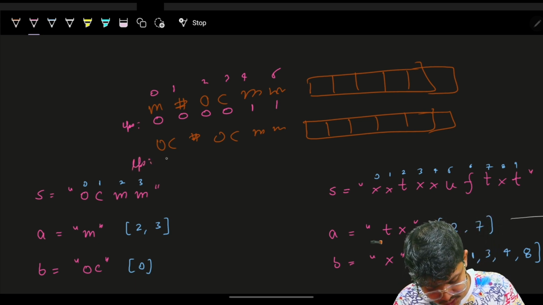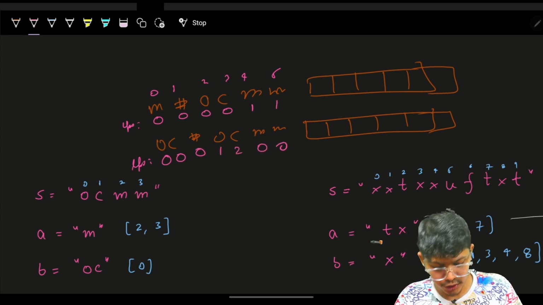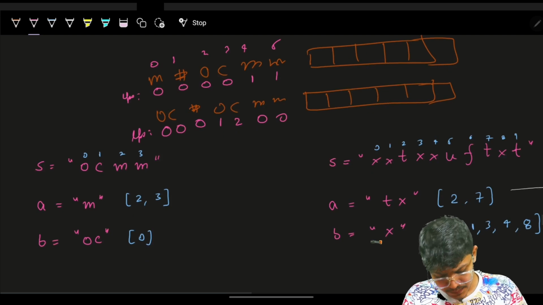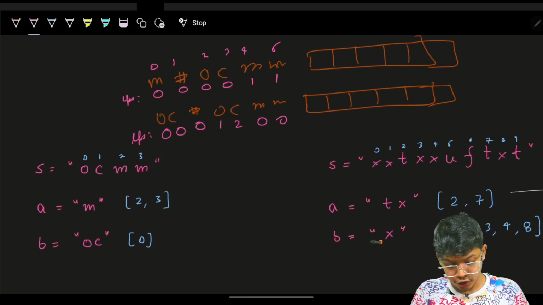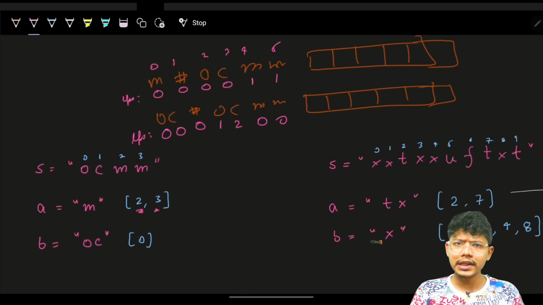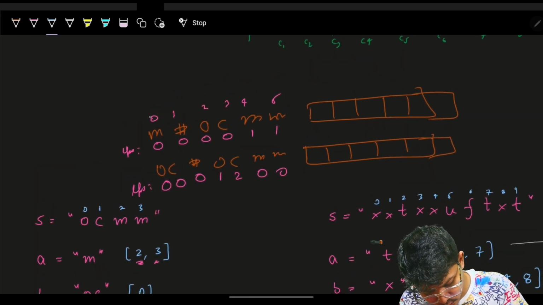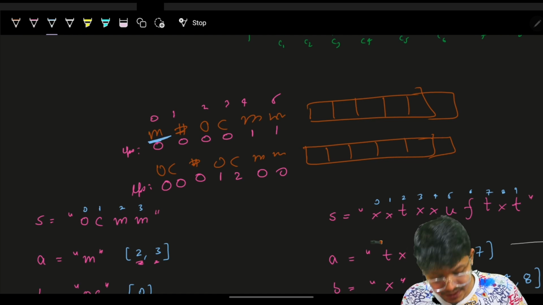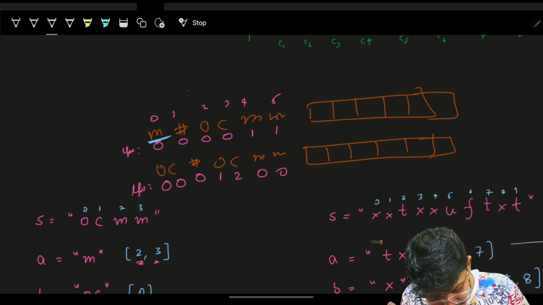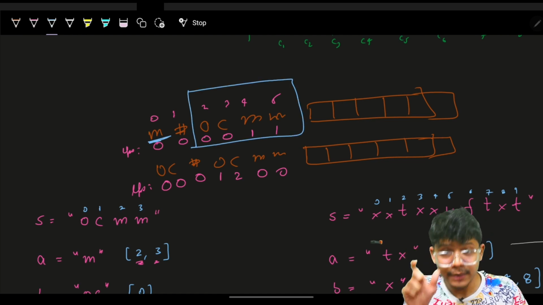For this other one, if I go 0, 0, 0, it will be a 1, it will be a 2, it will be 0, 0. So that's the entire LPS array. Now, to get these values, 2 and 3, how will I get this? I know my pattern length is 1, so I'll start searching in this range for the pattern length of 1.